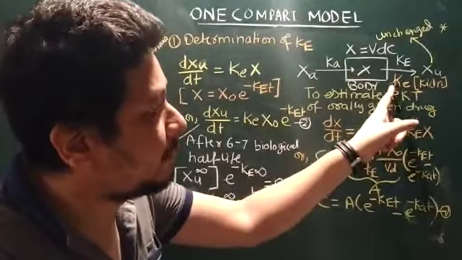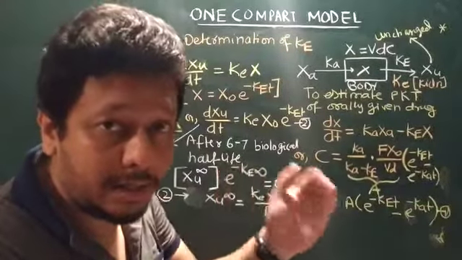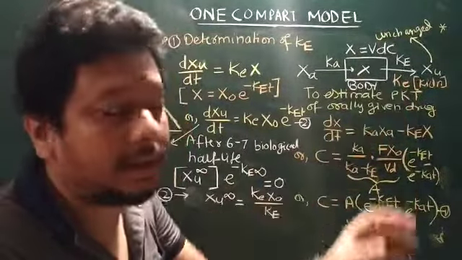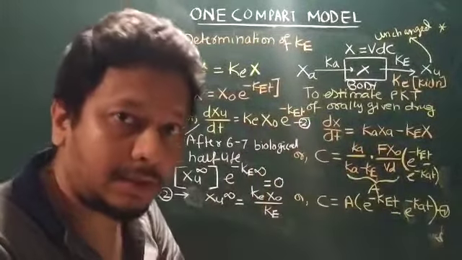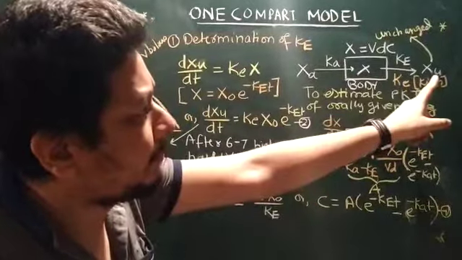That's why I have differentiated these two eliminations. Small Ke is when a drug is eliminated via the kidney, and capital K E is the overall elimination rate constant. And XU is the drug going to urine.